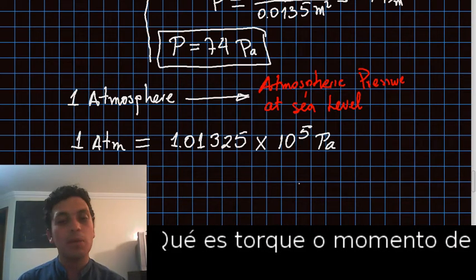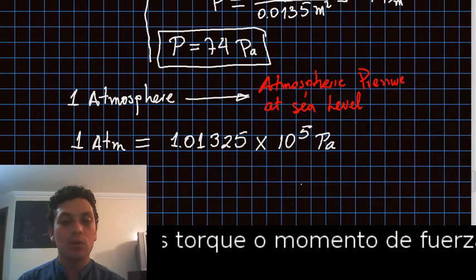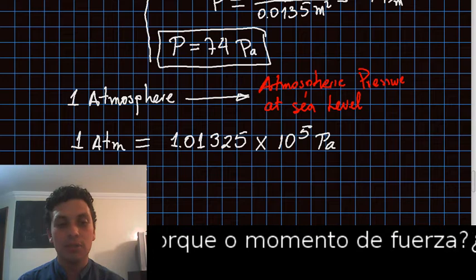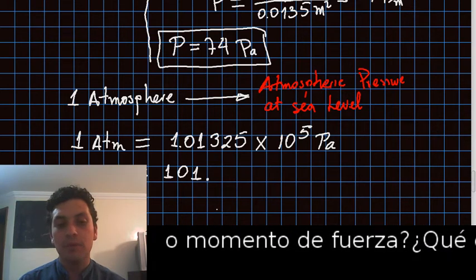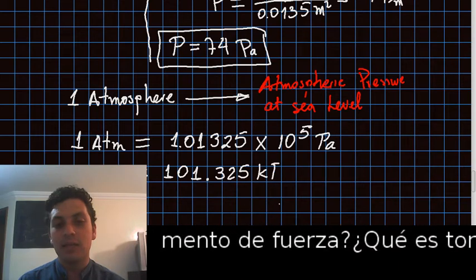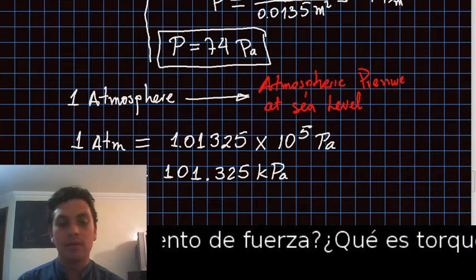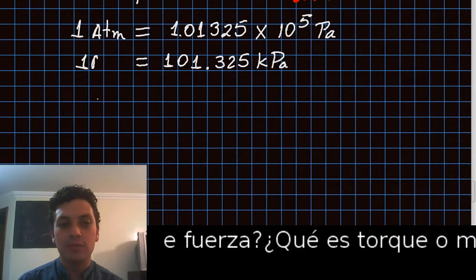Kilopascals will be 10 to the 3rd power, so we can divide this number by 100. It will be 101.325 kilopascals. So that will be 1 atmosphere.